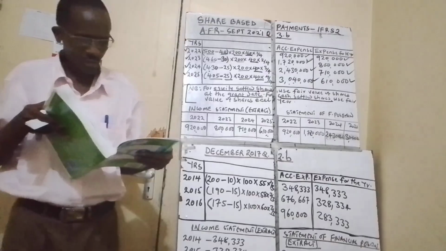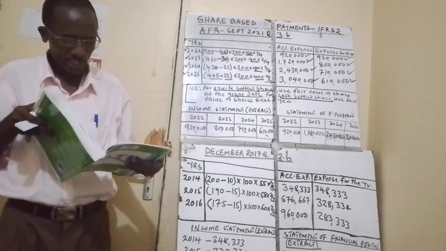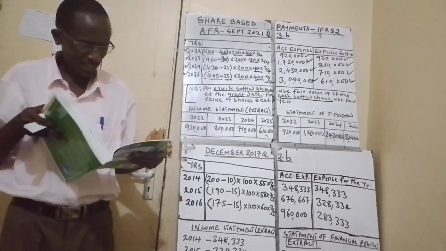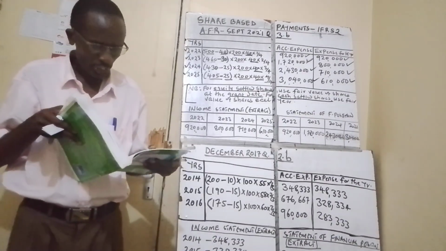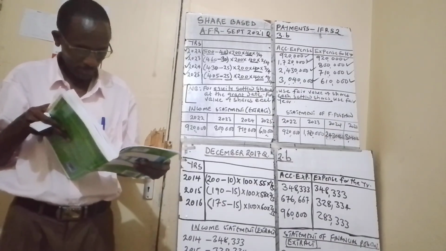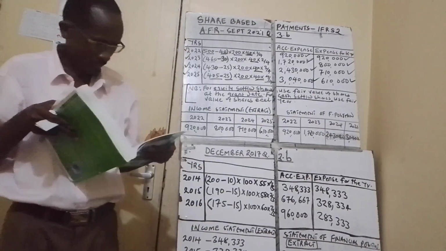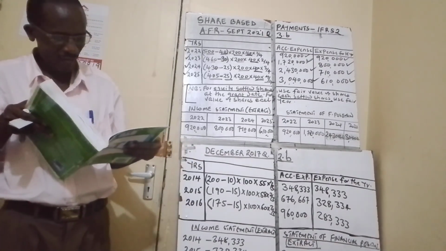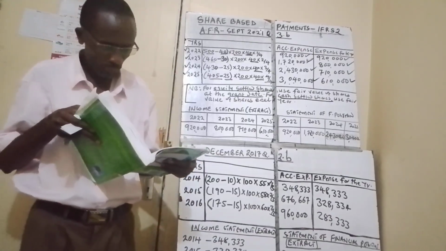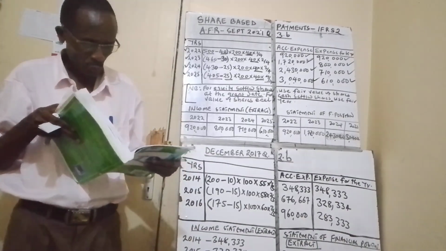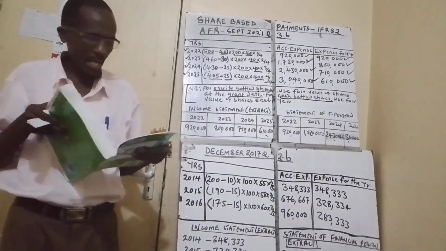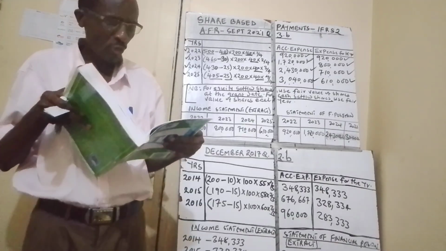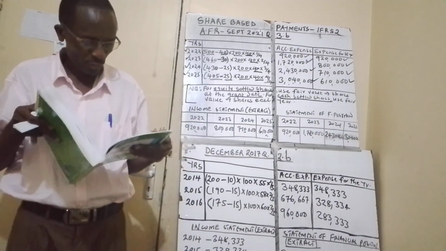The bonus was to be paid on 31st December 2016 as long as the market price of the company's share was shillings 55 and above, and the employee was still working for the company. As at 1st January 2014, the market price of the share was shillings 50, and the par value of one share was shillings 10. The bonus was to be the equivalent of 100 shares. The following information in relation to the 3 years was availed.